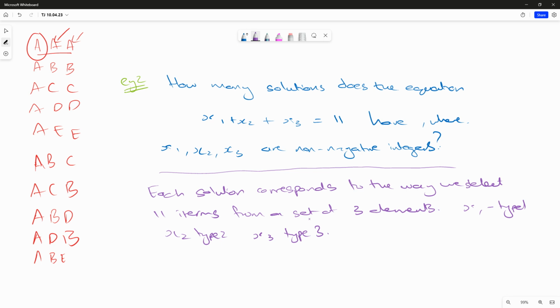So here, basically, the order is not important, and it's with repetition.